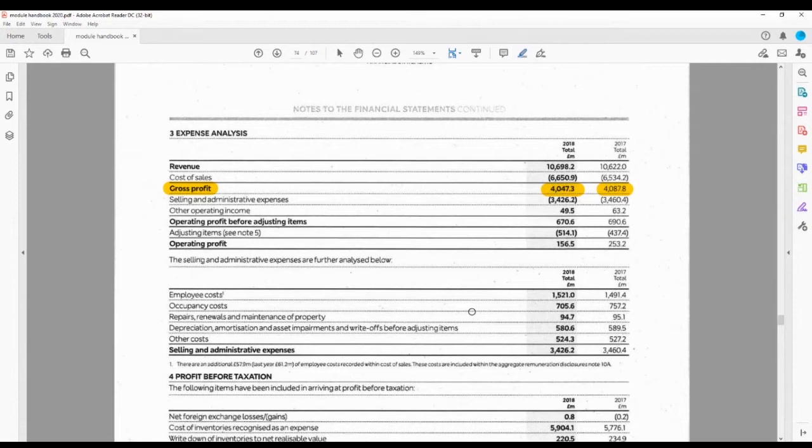The second figure was revenue, which we already know is in the income statement, but we can use this figure too. So we got both the figures which we needed in our calculations. So now we can go back to our Excel.